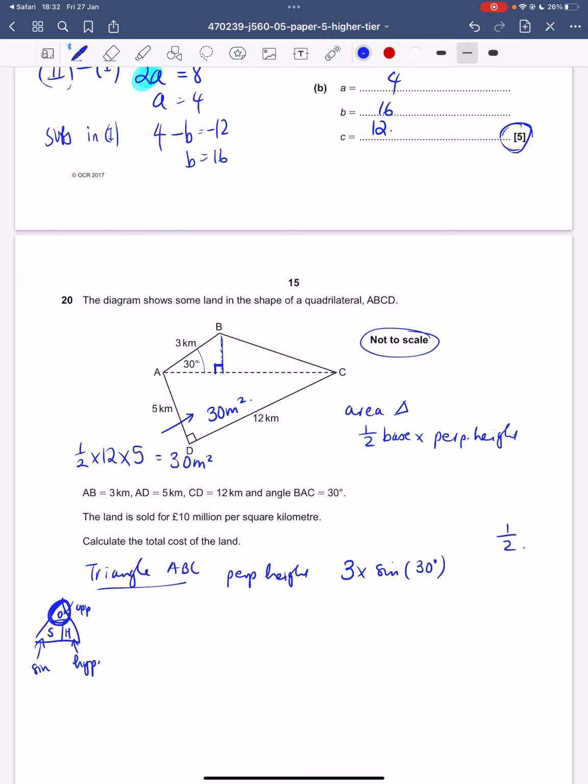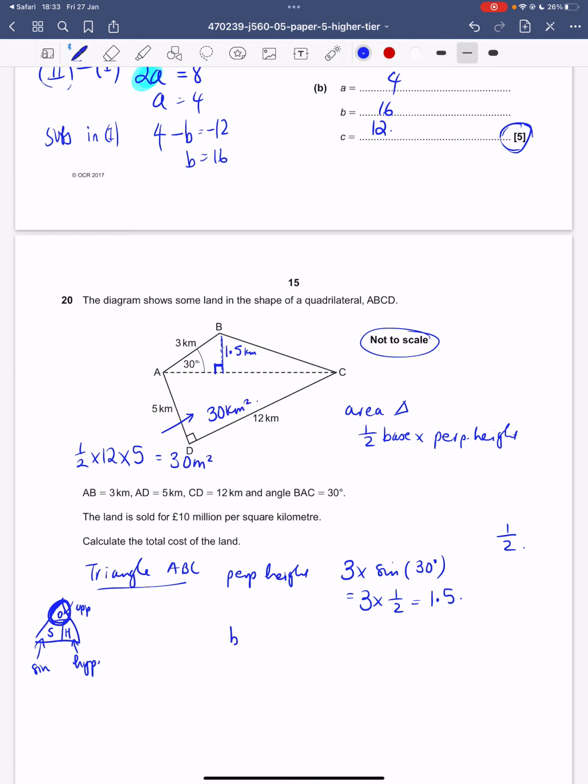So this is 3 times a half, which is 1.5. So we've got this here. This is 1.5 kilometres. I've put metres squared there, that's kilometres there.